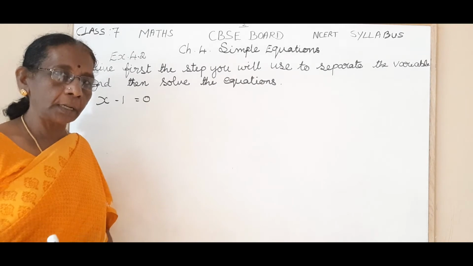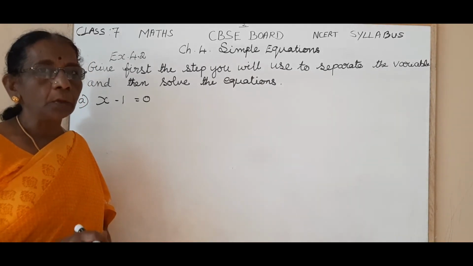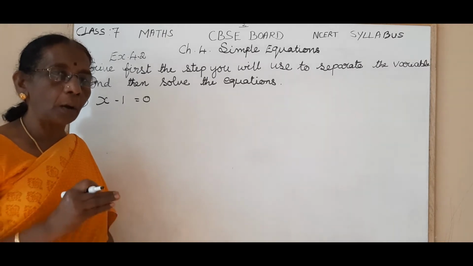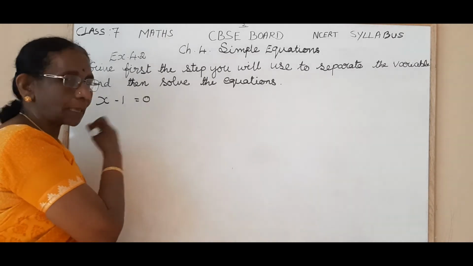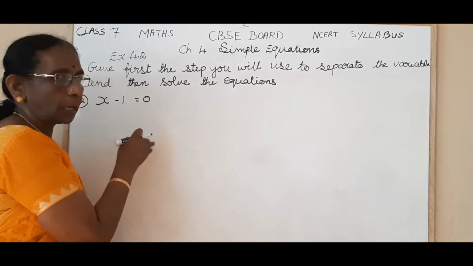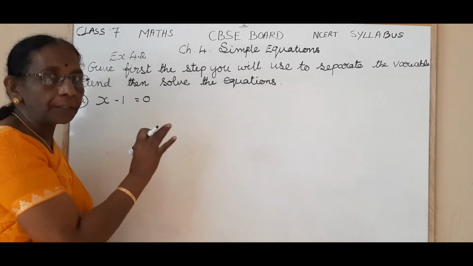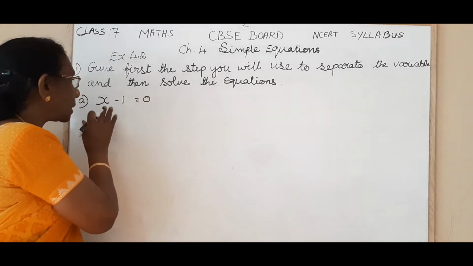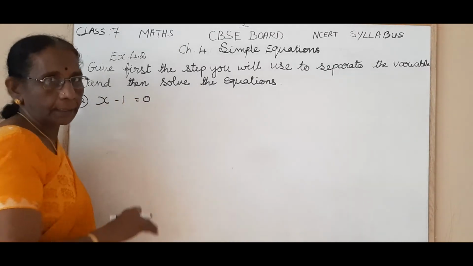For division, multiplication is the opposite operation. Isn't it? So you have to apply the opposite operation in the left hand side as well as the same thing. Whatever you are doing in the left hand side should be done in the right hand side also. Equal share should be given to the left hand side and right hand side.